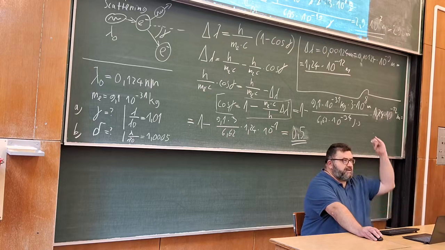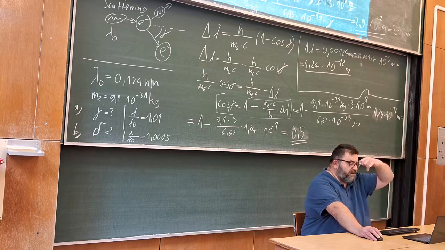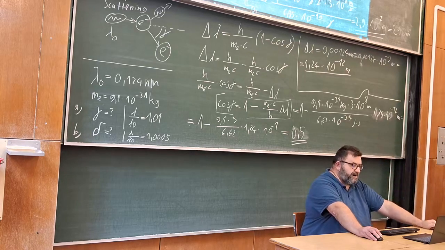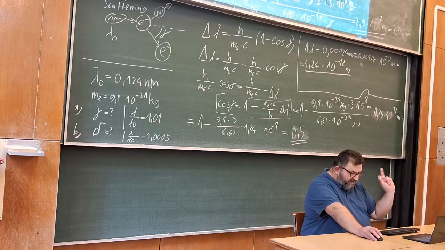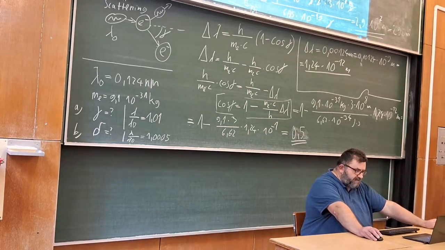You need the Planck constant multiplied by c, the speed of light, and divided by the wavelength. But be careful, there are two wavelengths, so you cannot just divide by the delta.